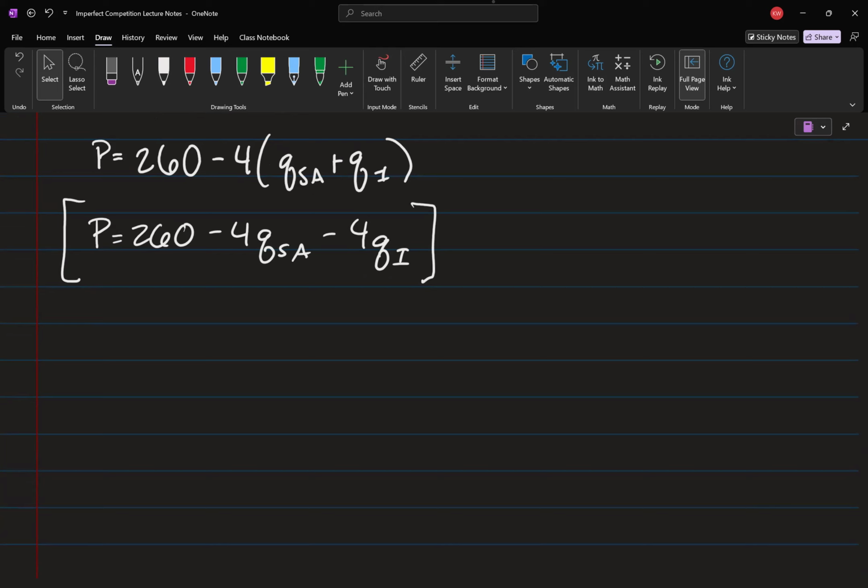But it's going to be very important that we keep in mind which firm, or in this case, which country, we are solving for, because the coefficient that we double is going to be the coefficient on that country's quantity variable. Hopefully you're paying close attention, because this is something that students often get confused about. I'm going to repeat it.